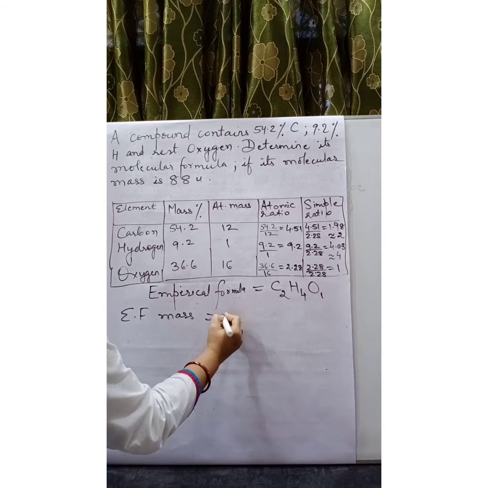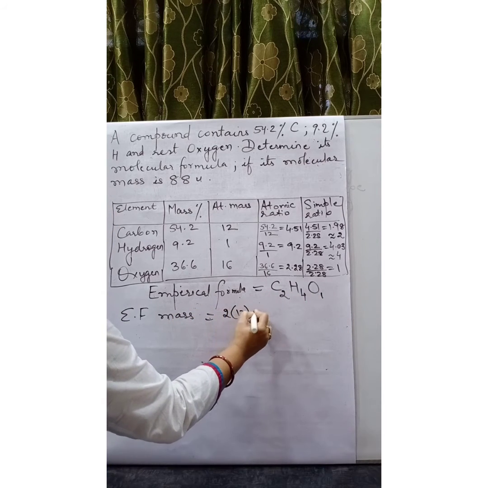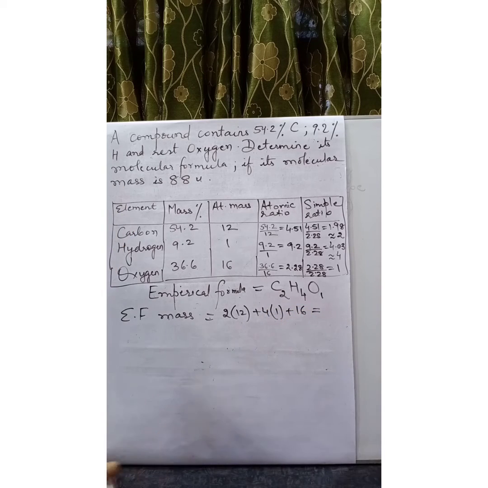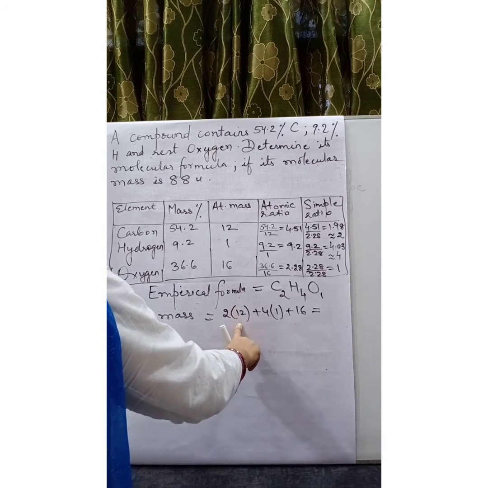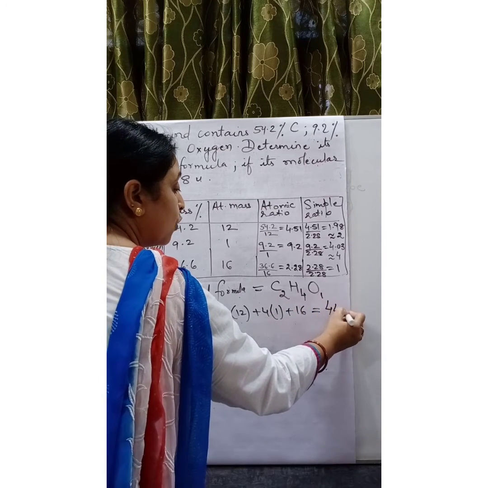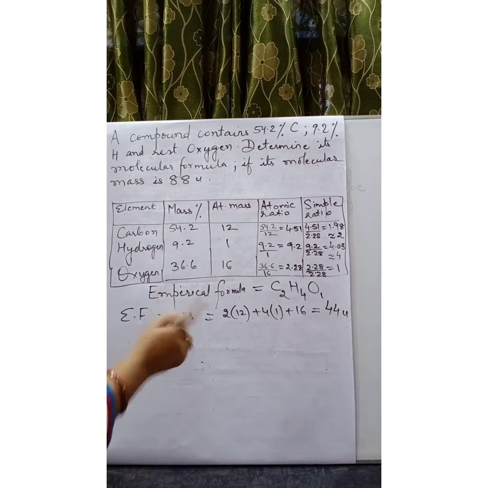Mass of this is 2 into 12 plus 4 into 1 plus 16. Find the total mass of this. When you calculate, you get 24 plus 4 plus 16, which is 44 u.